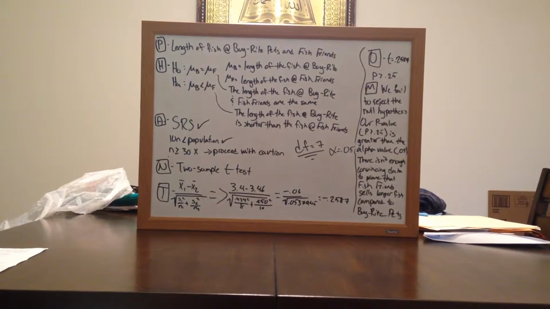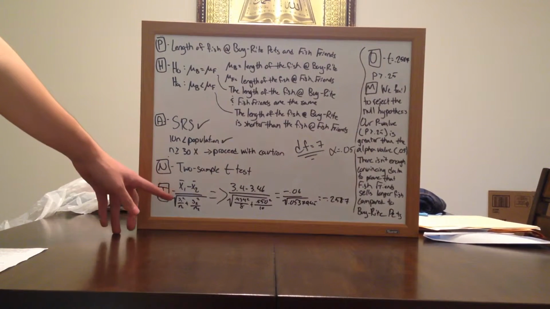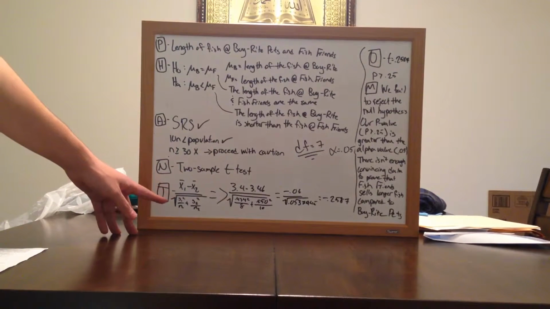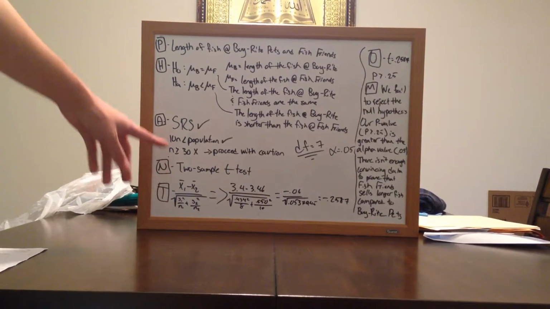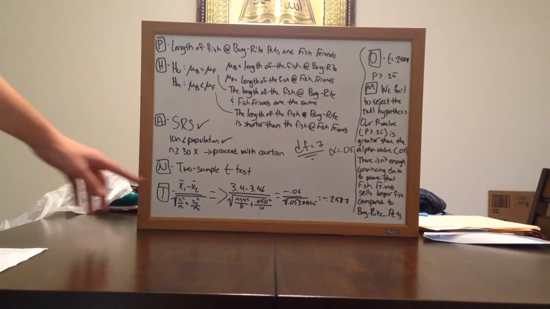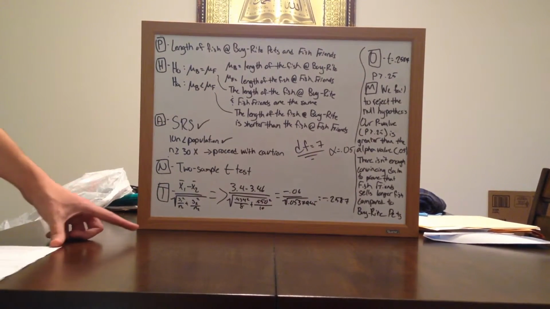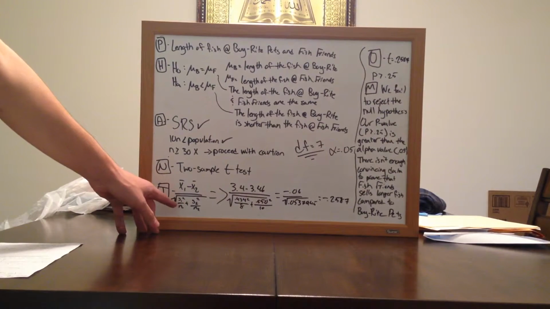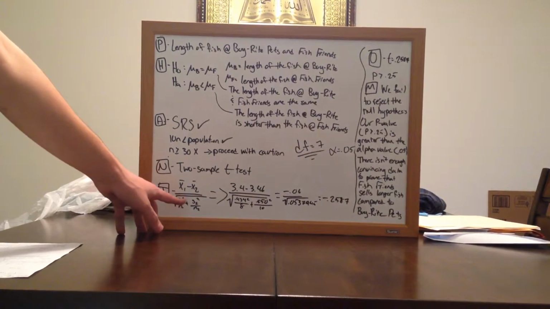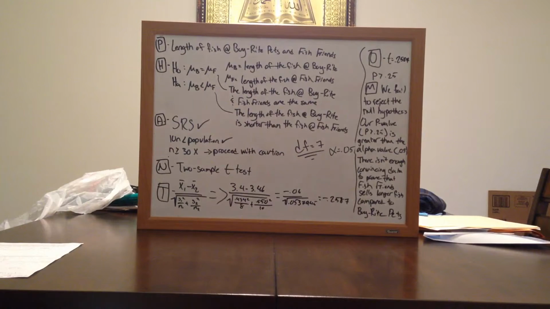So we move on to our test. Our t-value equals x bar, the mean of the first sample, minus the mean of the second, over the square root of the standard deviation squared over the number of the first sample, plus the standard deviation squared over the number of the second sample.